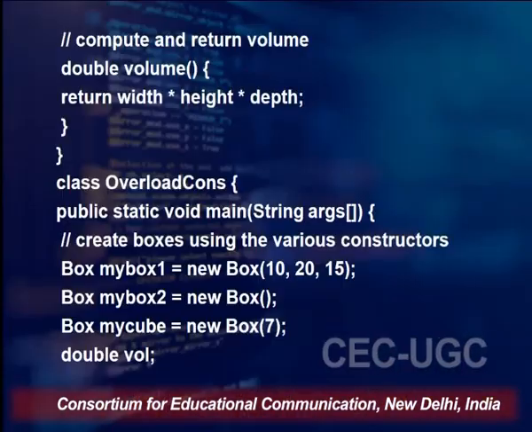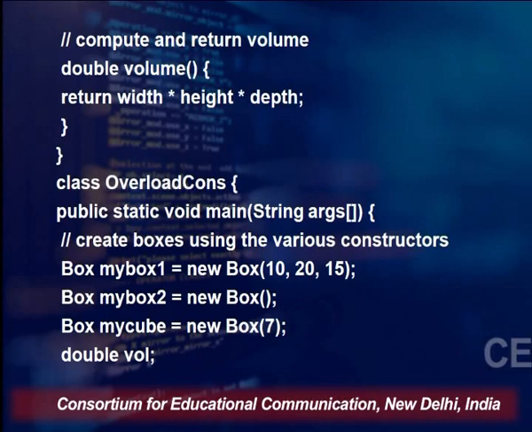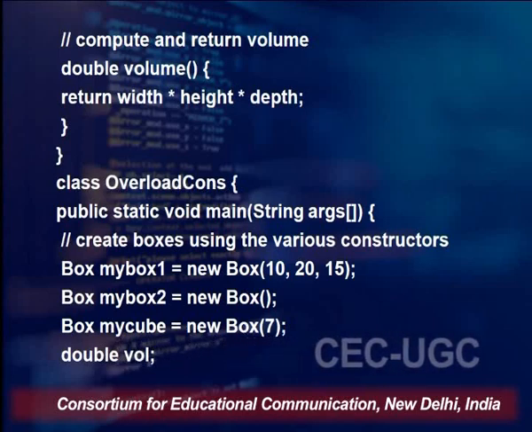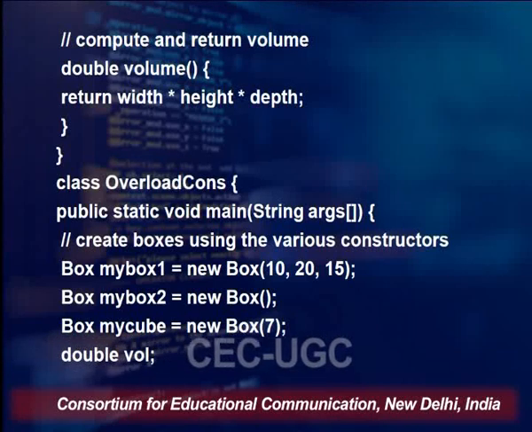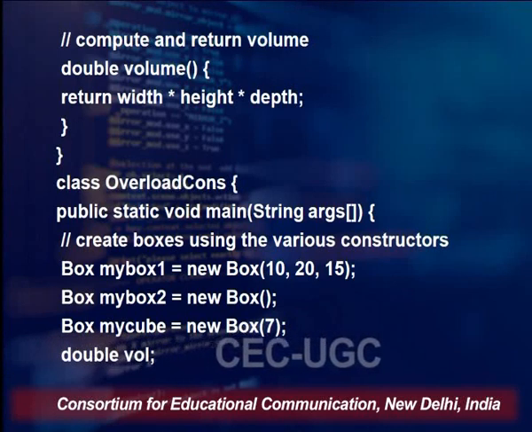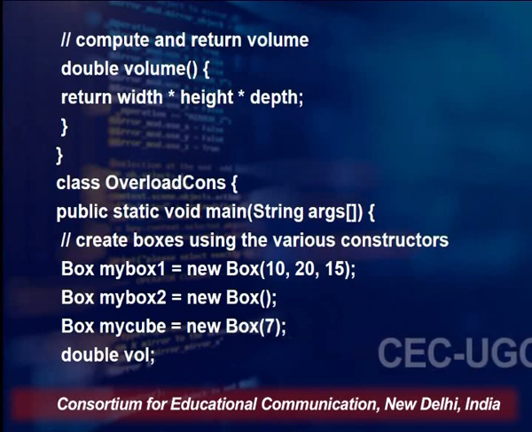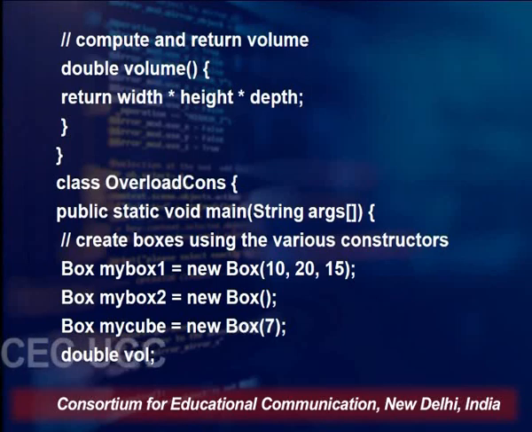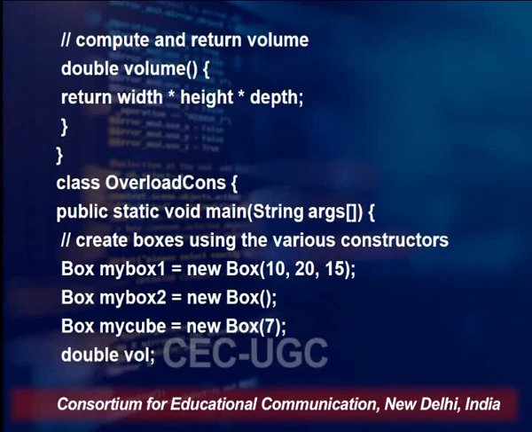Then the third statement is Box myCube is equal to new Box(7). That means the third statement is going to call the constructor definition in which we are only passing one parameter, and this value 7 is being assigned to width, height and depth. So, as of now, these three statements are going to produce three objects.